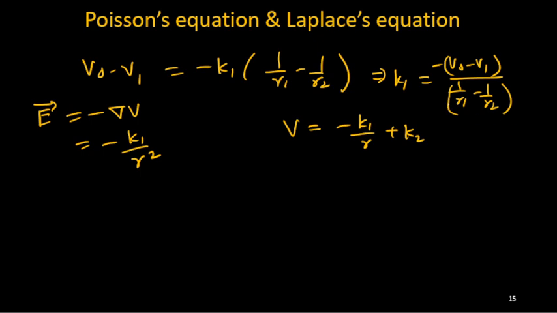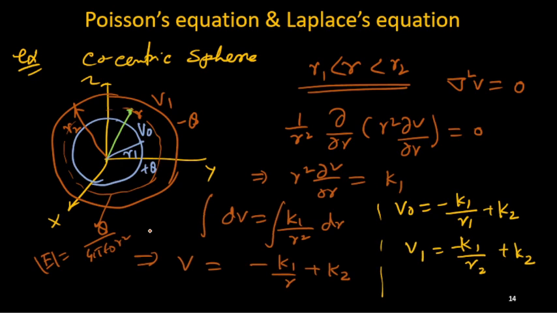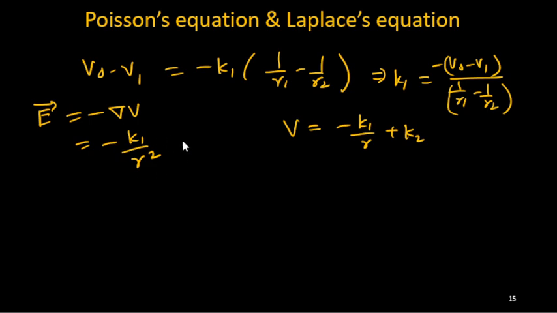And for this concentric sphere, if you take a Gaussian surface at this place, the electric field will be q upon 4 pi epsilon naught r square. That we have already defined using Gauss law, so please follow the previous video. Now these two we can compare.